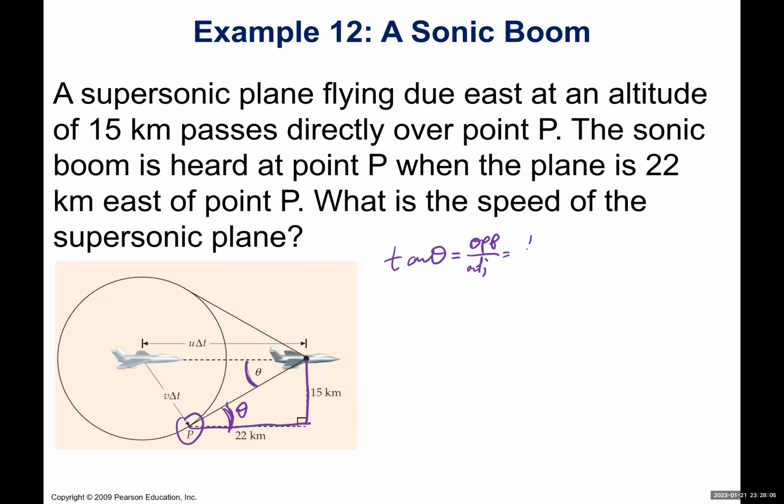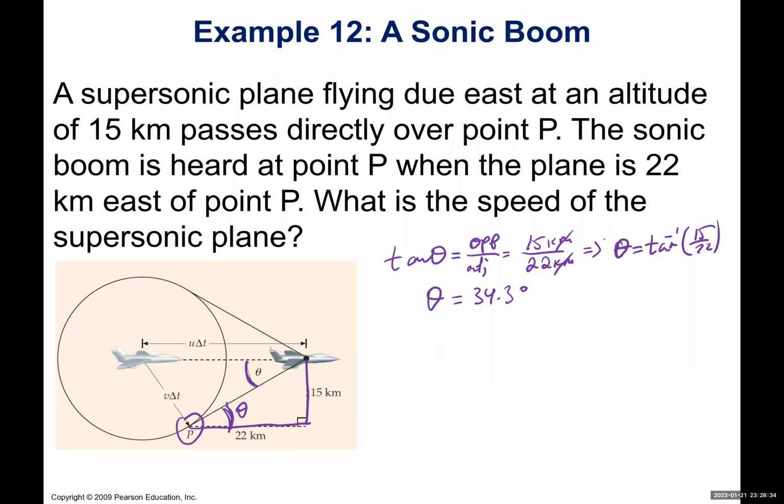In this case, opposite is 15 kilometers, adjacent is 22 kilometers, and units cancel out. Using the inverse tangent of 15 over 22, we should get 34.3 degrees.